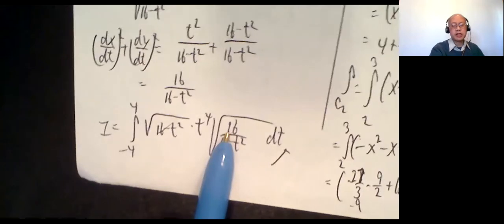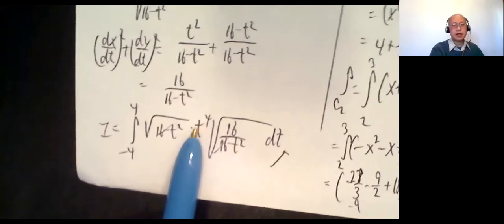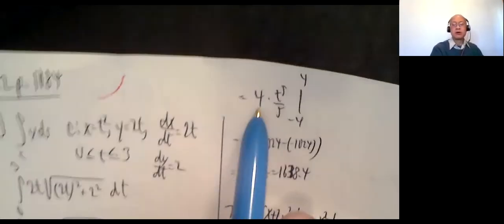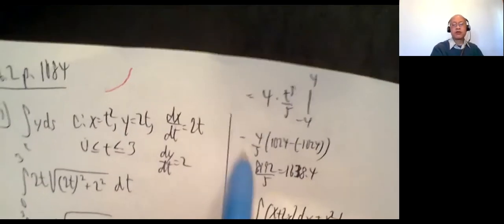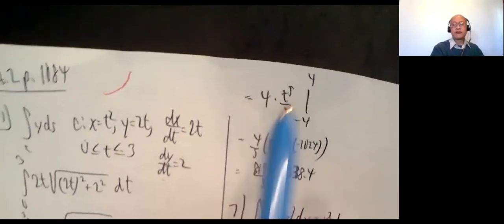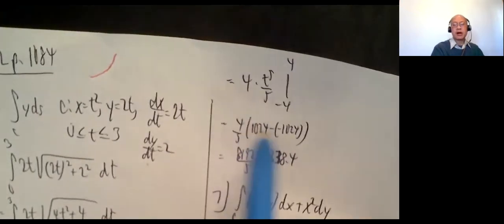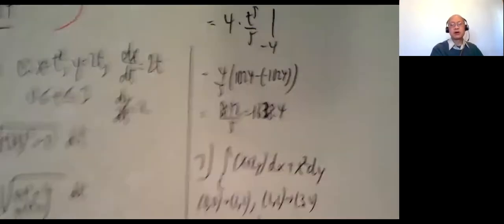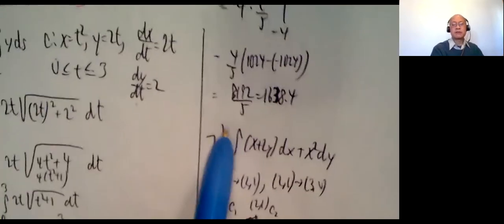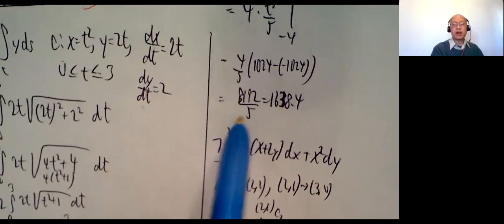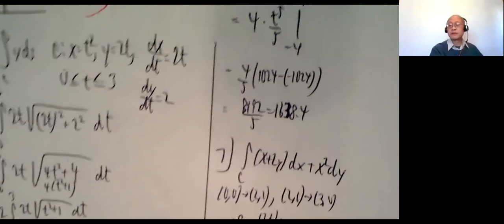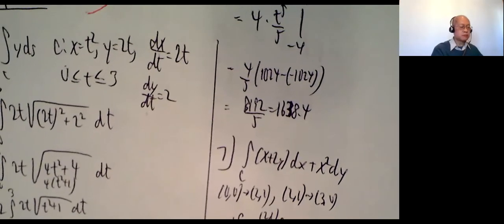Radical 16 is 4, so 4 comes outside, and that gives 4 t to the 5th over 5. Which is 4/5 times 4 to the 5th, 1024, minus -4 to the 5th, which is -1024. So grind this all out: 8192 over 5, or 1638.4. And that's my final answer.